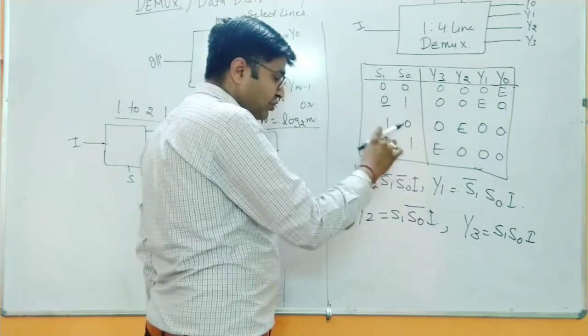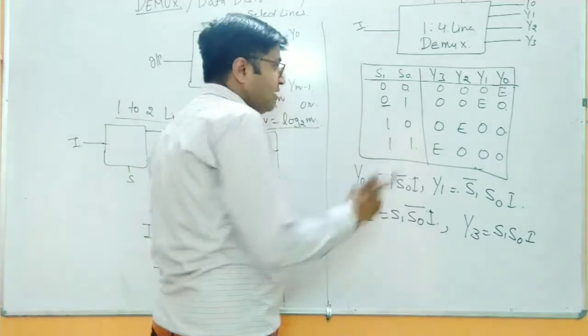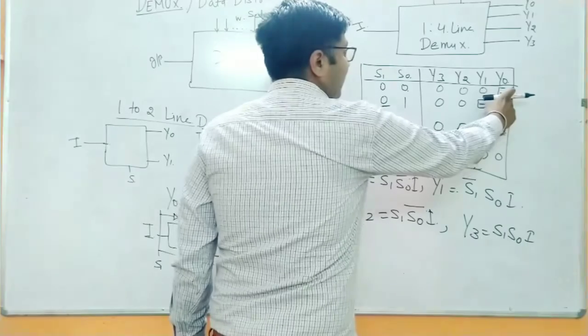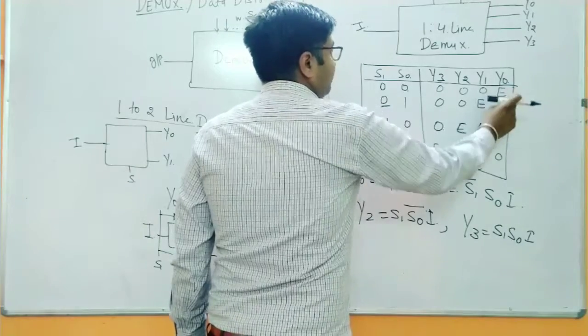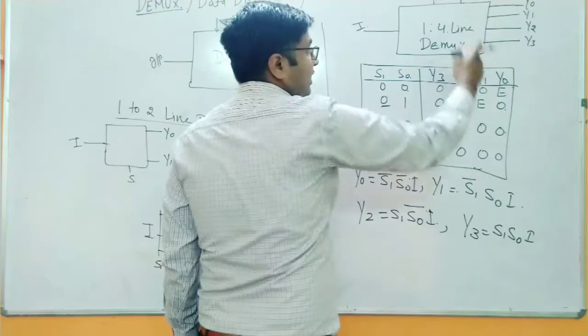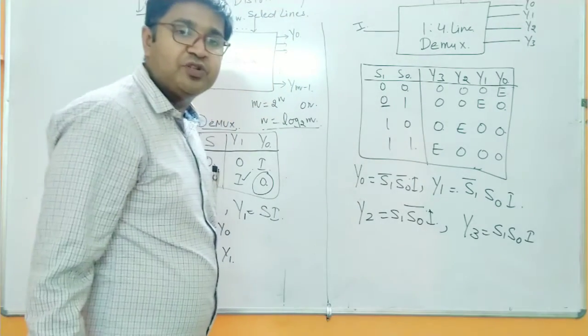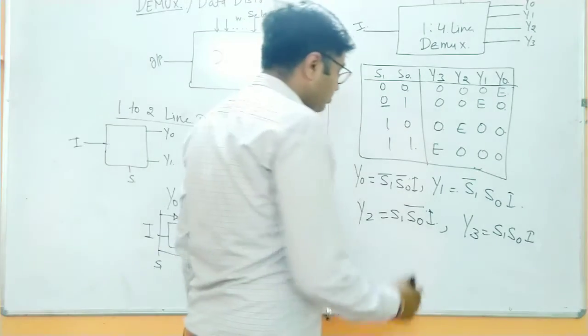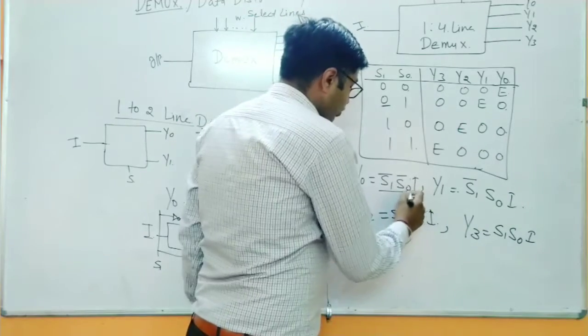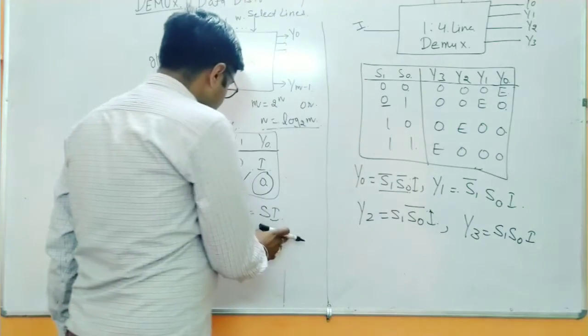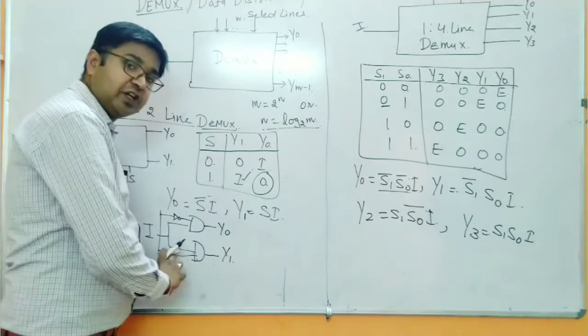Now there are 3 inputs, as you can see. I is the input. Here we have denoted it by E or enable, where this information is relayed.